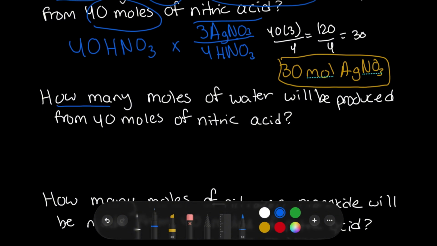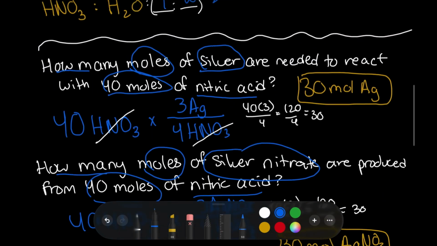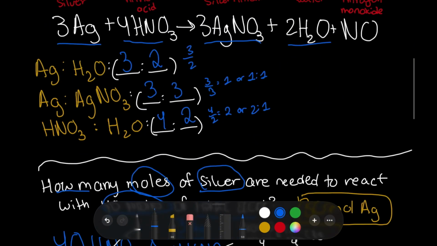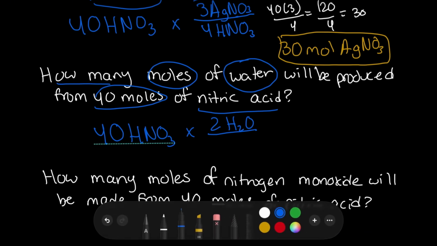The next one: how many moles of water will be produced from 40 moles of nitric acid? Our given value is basically the same for all of these questions. So 40 HNO3 multiplied by what is unknown to us, water. We have 2 moles of water, so 2 H2O, over the moles of nitric acid, which is still 4 HNO3.